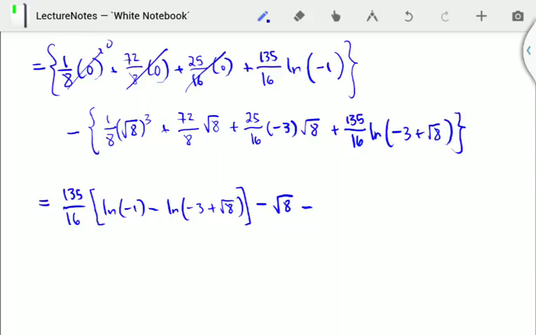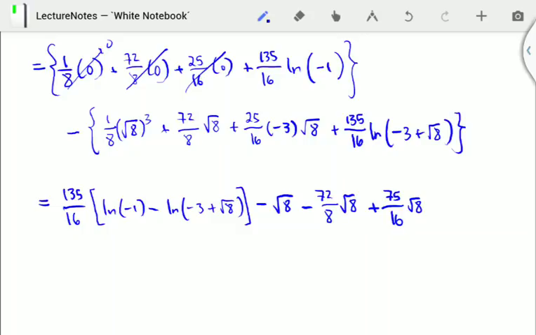You have minus 25 times 3 is, wait, let's write this first. 72 over 8 square root of 8, and then you have 25 times 3 is 75, so that is minus, but you have minus 3, so it becomes plus 75 over 16 square root of 8. Okay, are we forgetting any term? No. So this 2, we can combine it further.